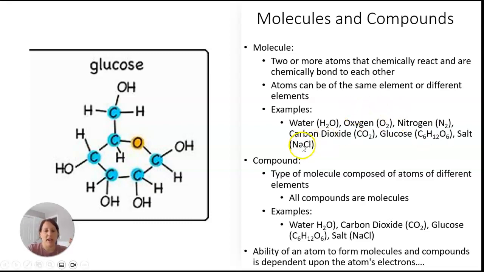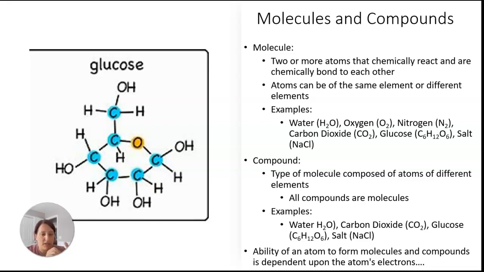We have an atom, or actually I should say an ion, which we're going to get to in a second, of sodium and an ion of chloride. And so we end up with sodium chloride, which is again common table salt. So all of these are examples of molecules, two or more atoms that have chemically reacted and have formed some type of a bond.